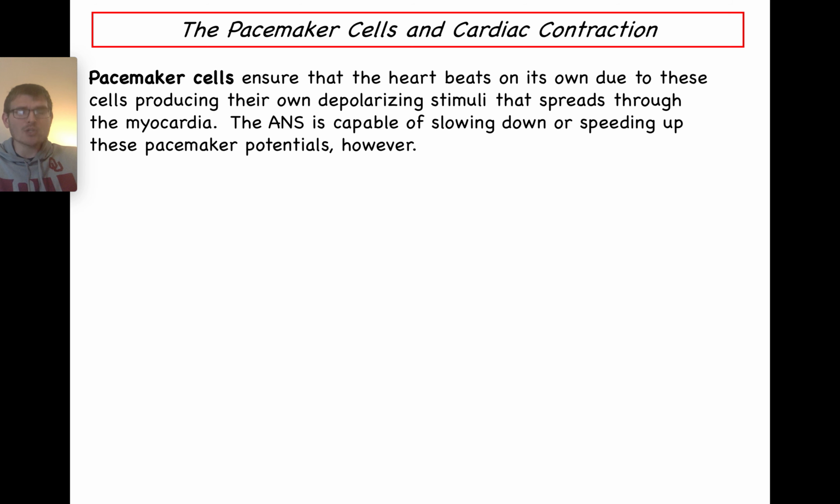So what we want to understand here is how, from the time those pacemaker cells produce their pacemaker potentials and we get that depolarization spreading through gap junctions through the cardiac muscle tissue, that produces the contraction of the atria followed by the contraction of the ventricles, which is how it's supposed to be.